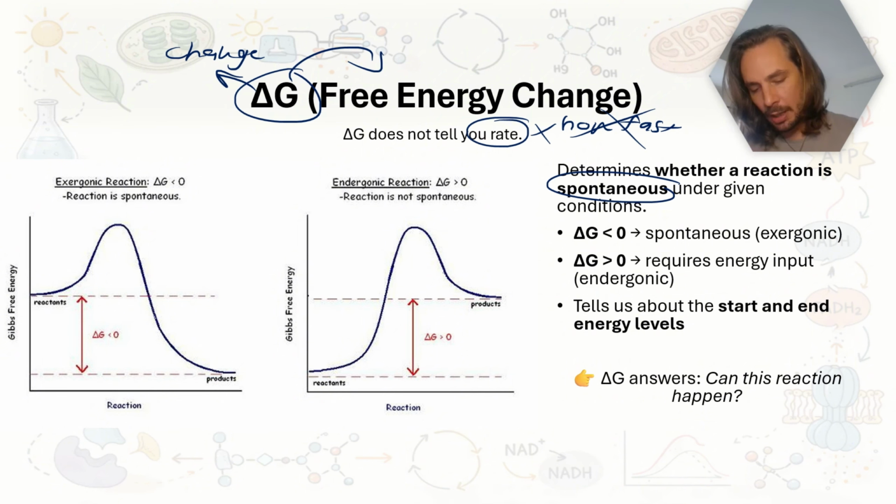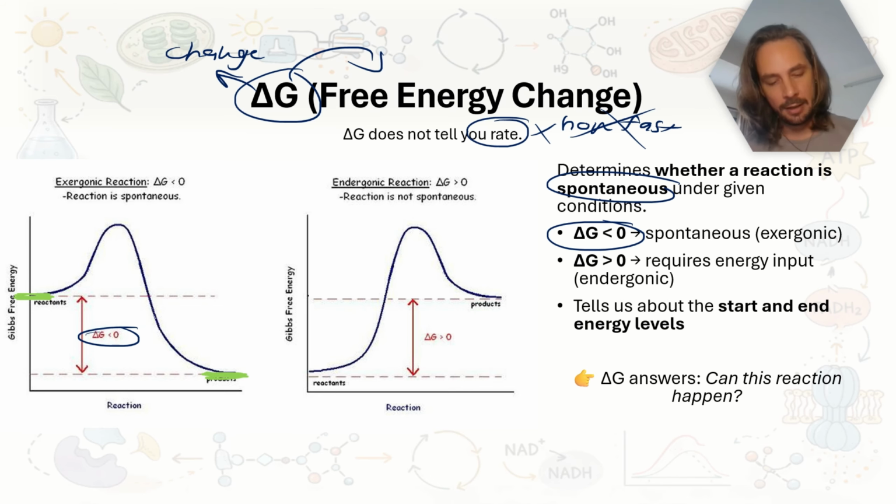So if the free energy change is smaller than 0, here I can see the free energy change is smaller than 0, the reactants have more energy than the products, meaning that free energy was released, usually in the form of heat.